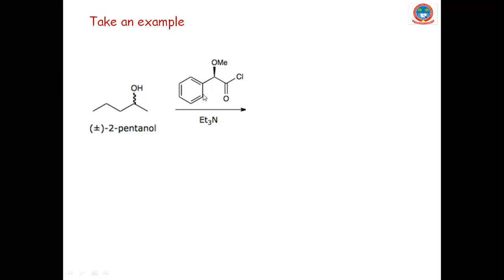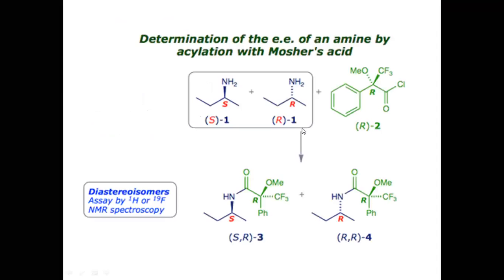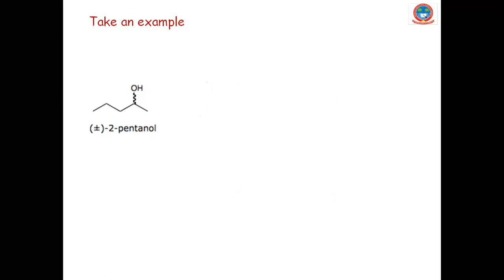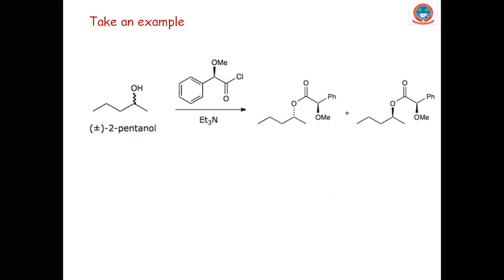And this is Mosher acid, as we have just seen. We have taken one pure compound; this is a kind of derivatizing agent, a derivative-making agent. It will form two compounds.